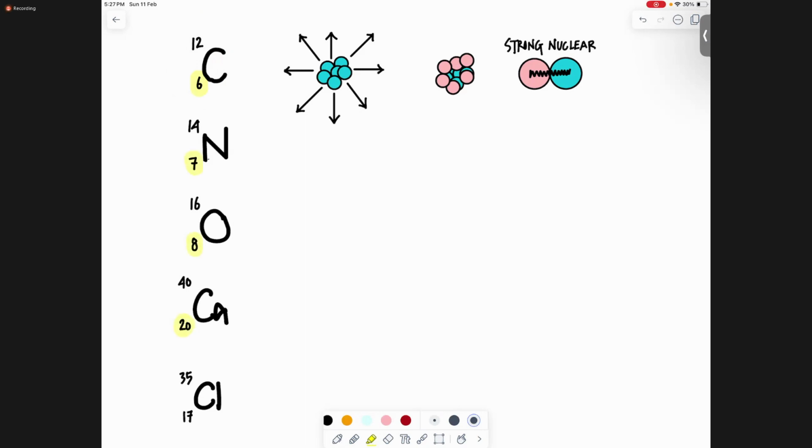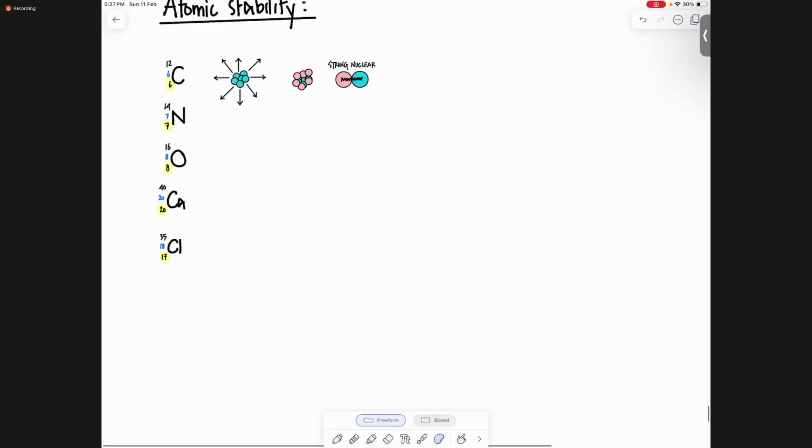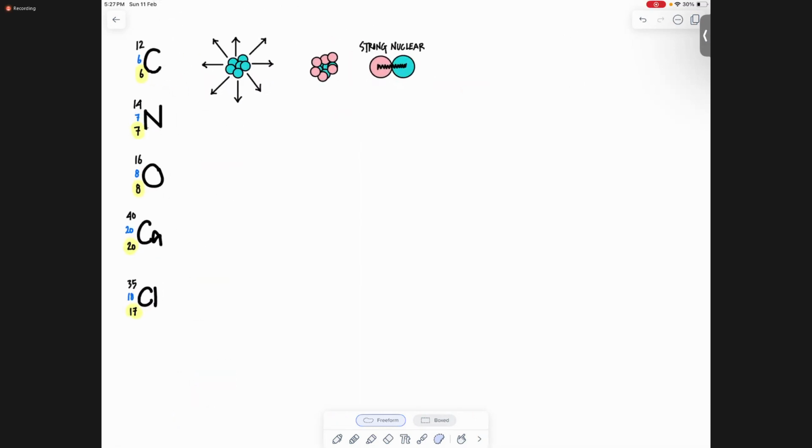So just 6 here, 7 here, 8 here, 20 here, 18 here. So what does that mean? Every proton has a neutron to keep it in its place, and they create this very perfect harmonic system, right? And they're very stable. And that's the nuclear stability of a nucleus.